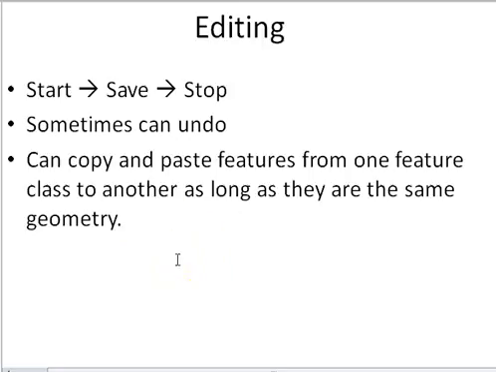The other thing that we've done a little bit of is to copy and paste features from one feature class to the other feature class as long as they're the same geometry. So let's say I've got a bunch of points that somebody went out and collected of hydrants, and I have a feature class of hydrants, and then someone else brought in the Springfield hydrants.